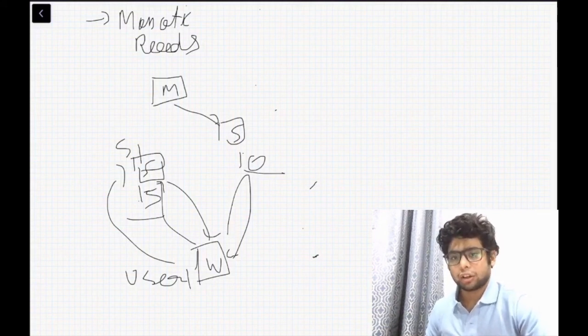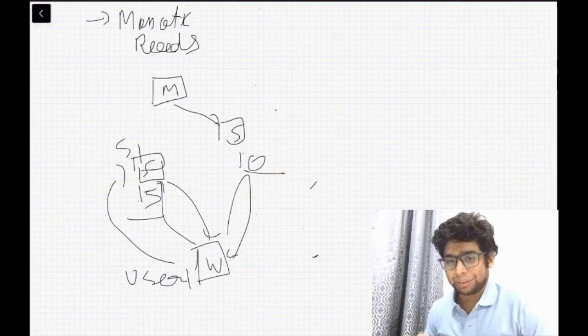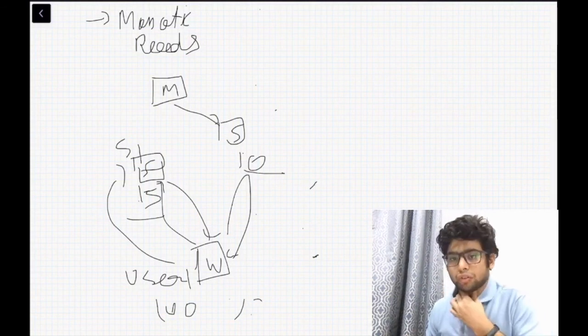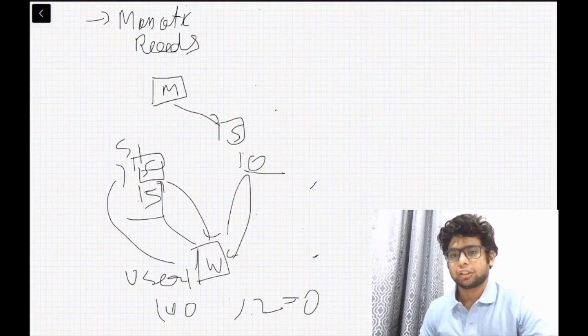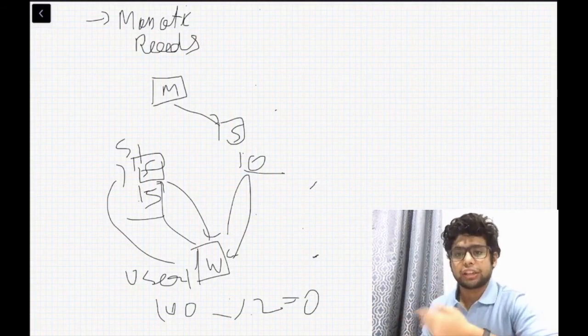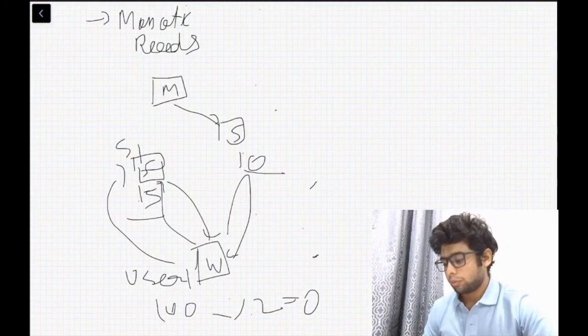He won't get a read request from slave two. This can be done, let's say, based on hashing of user ID. The most basic is that, let's say, user ID is 10 or 100, and we do mod 2. So this would always give us 0, and let's say 0 represents our S1, so he would always get a read from this S1, so we will be able to solve the problem.